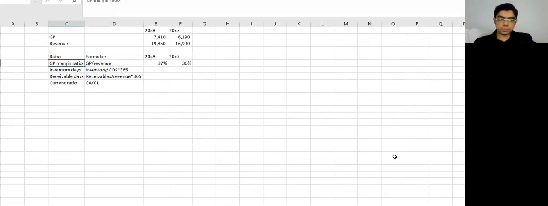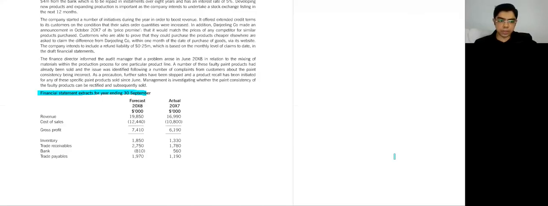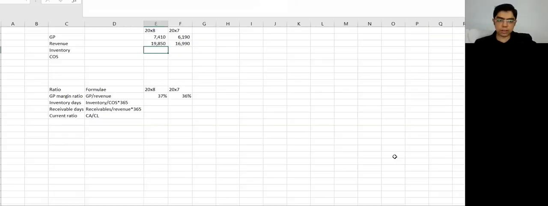Now for inventory days, what would you need? You would need the inventory number. What else? You would need the cost of sales. So let's have the inventory number: 1850 and 1330.